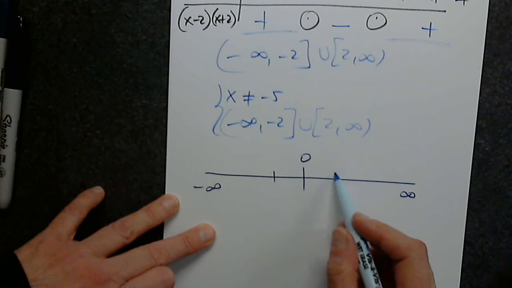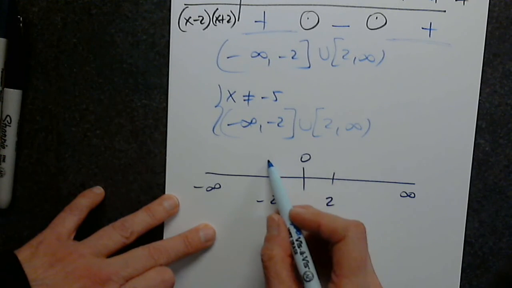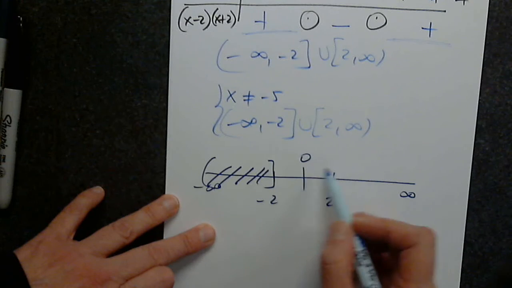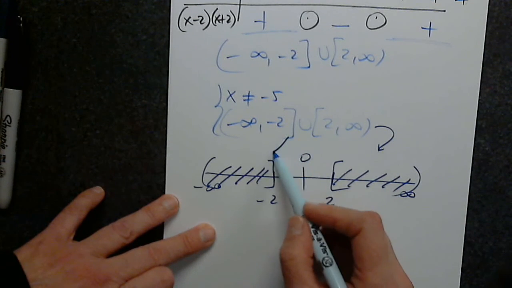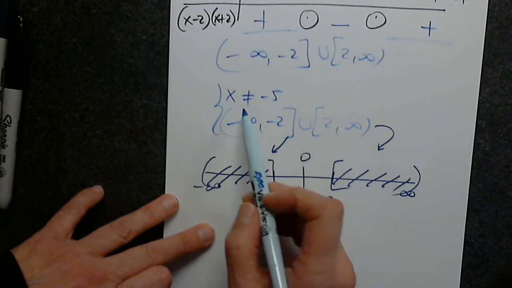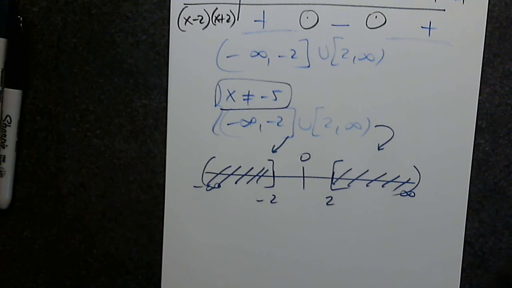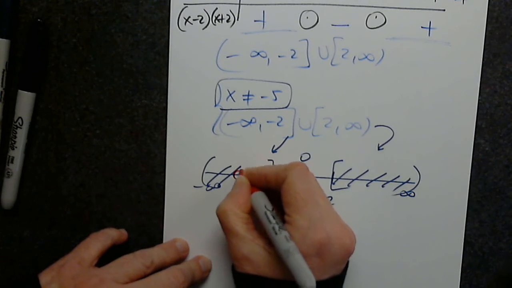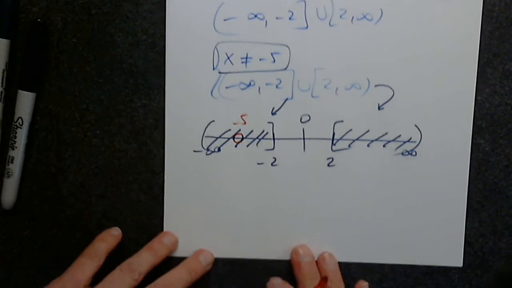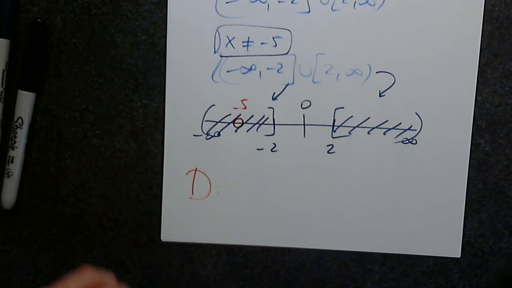I don't care for units. This is this, right here. But I have to remove negative 5. That's not a problem. I'm removing negative 5. And finally, I can identify the domain of the entire function. What is the domain of the entire function?